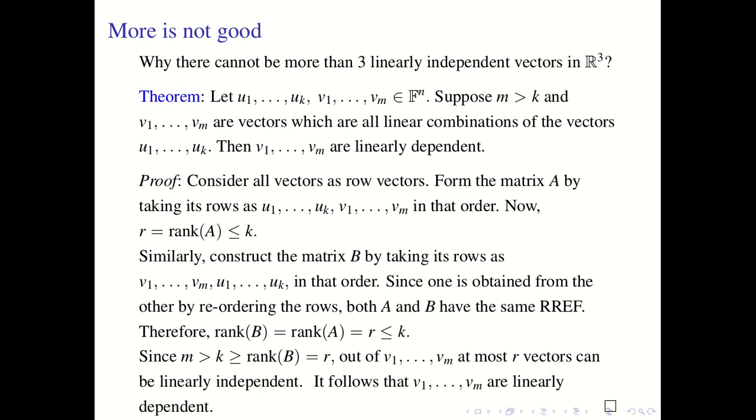That means the first k rows are u1 up to uk and the next m rows are v1 up to vm. So now we know that v1 up to vm are linear combinations of u1 up to uk. Therefore the rank of this matrix cannot be more than k.